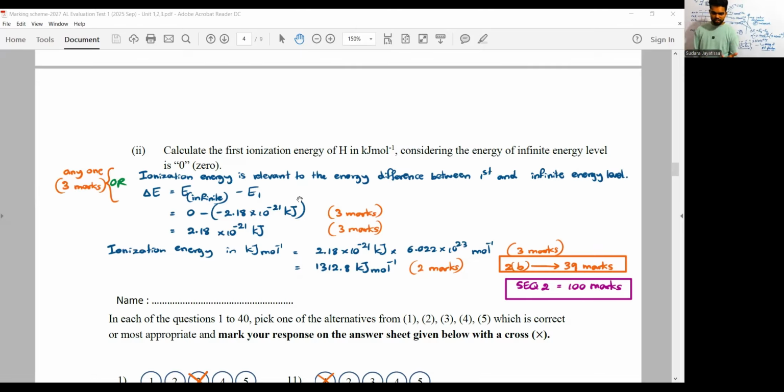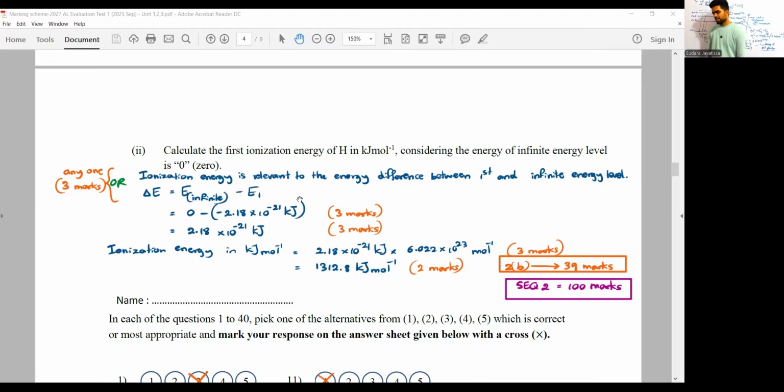So this is the energy difference you need to check. That's why I wrote it as a sentence, or you can just express it as an equation. The energy difference is equal to the infinite energy level energy minus the first energy level energy. The infinite energy level is 0, so the first energy level value comes as the energy difference.